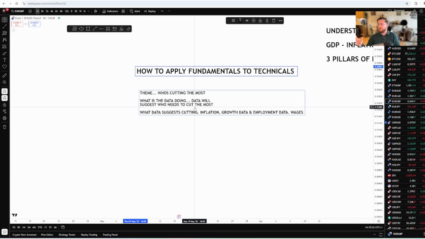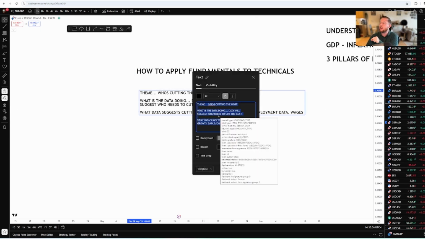It sounds simple, but it's only simple once you understand the basic stuff of GDP, inflation, interest rates, and monetary policy. Because remember, all of this data applies to monetary policy.